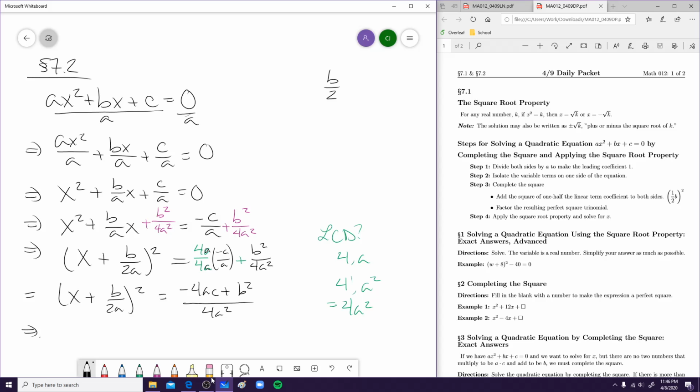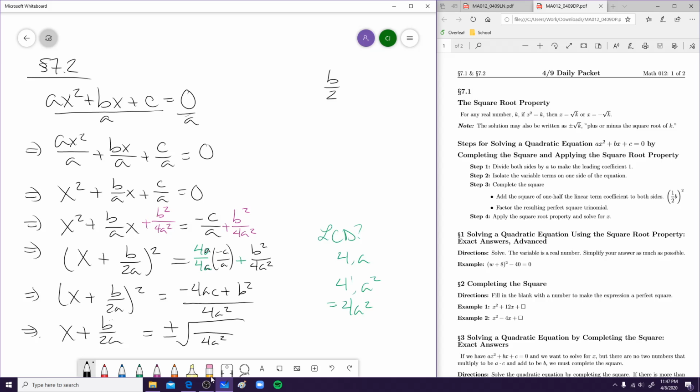Now we are going to apply the square root property. So x plus b over 2a is equal to plus or minus the square root of, I have 4a squared.